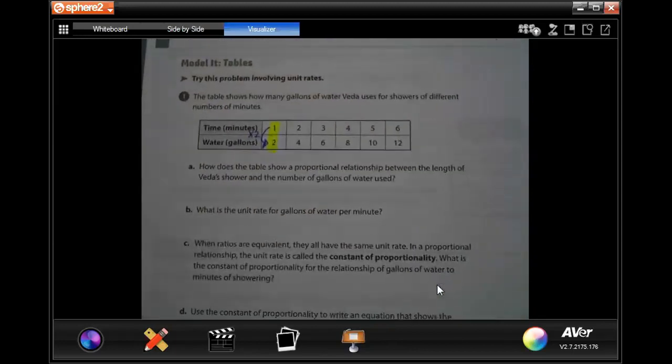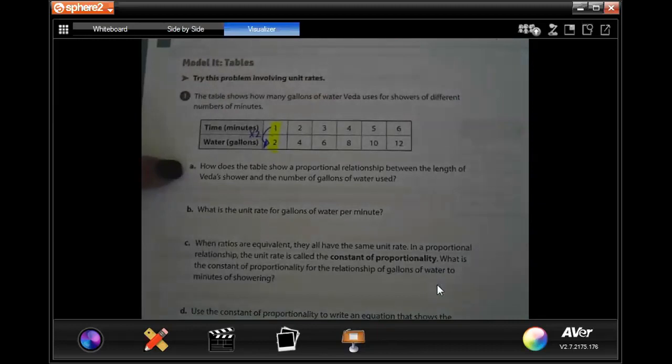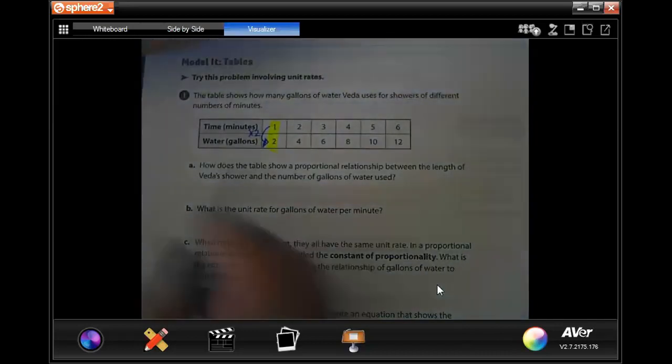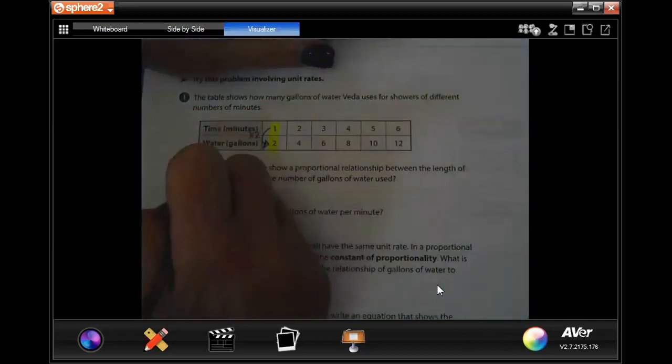All right, cool. So if we take a look at all of these, I'm hoping that we have a proportional relationship. That brings us to A. How does the table show a proportional relationship between the length in time and the number of gallons of water used? Well, here's the first one.